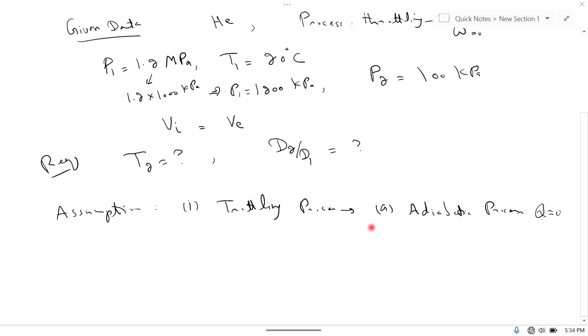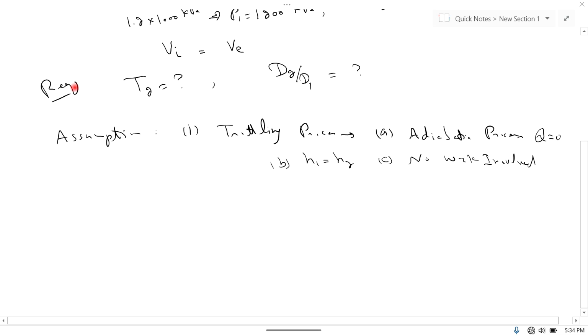And H1 is equal to H2. And no work is involved in this system. And the change in potential energy is negligible. It means that Z1 is equal to Z2.